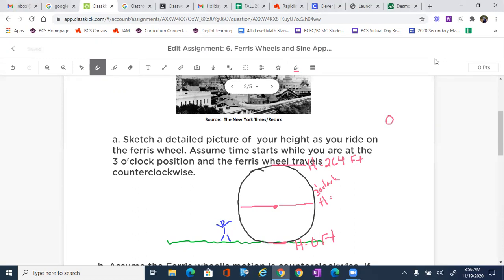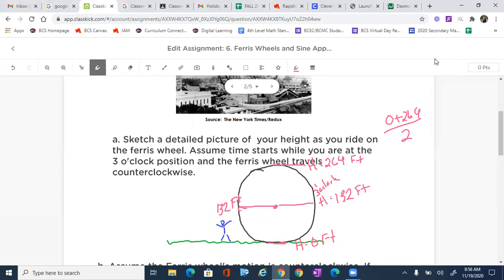So we can find the average, 0 plus 264 all over 2, which is 132. So at the middle, you're at 132 feet at the 3 o'clock position. Now, over here on the opposite side, you're back at 132 feet.